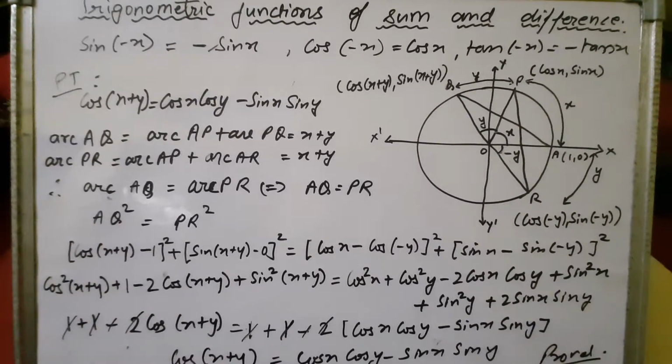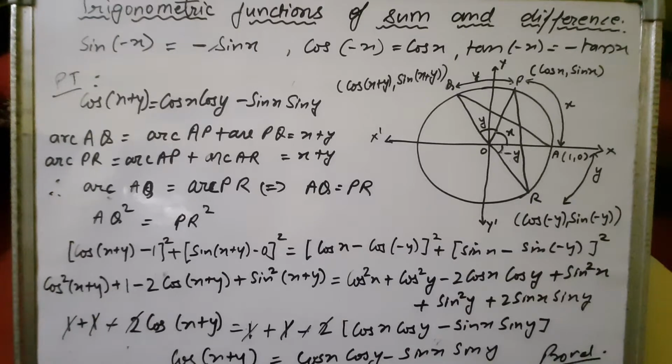Now AQ is a length. If we want the square of a length, what is the formula? The distance formula. Yes, square root of x2 minus x1 to the whole square plus y2 minus y1 to the whole square, right? So if we square the distance formula, d square will be x2 minus x1 to the whole square plus y2 minus y1 to the whole square.